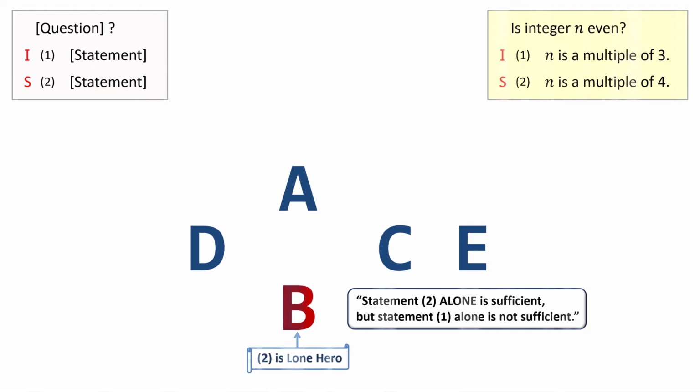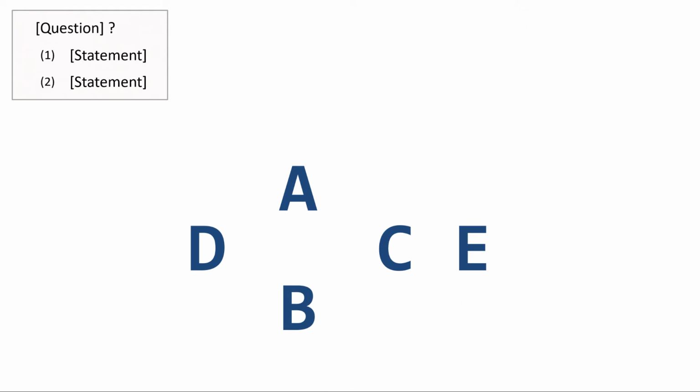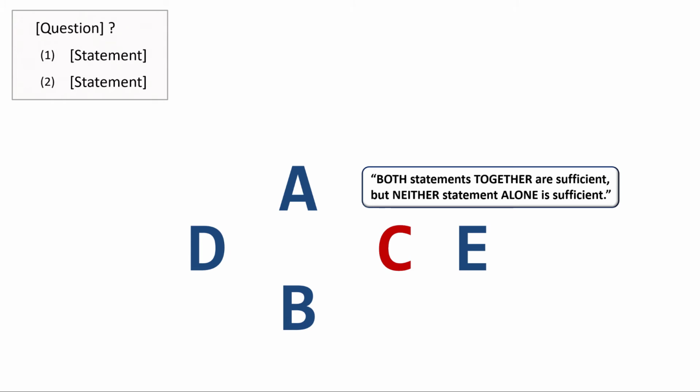Now that we're done with B, let's look at answer choice C. This says, both statements together are sufficient, but neither statement alone is sufficient. Let's label our statements to show what this means.